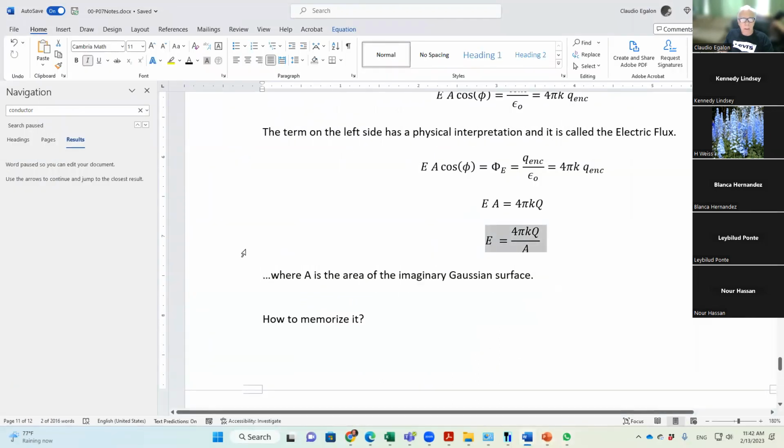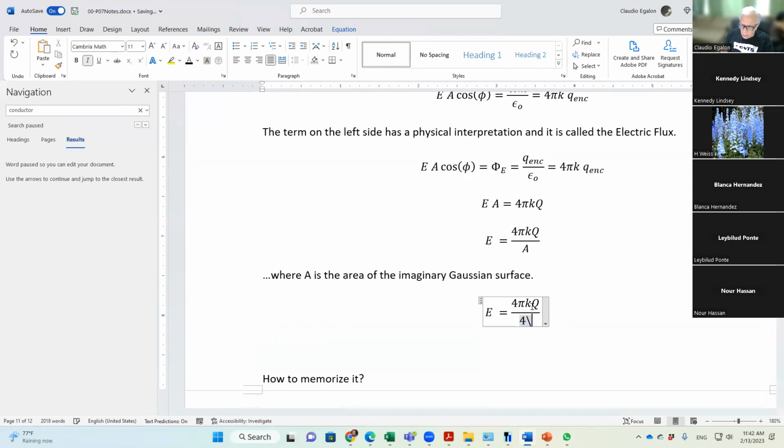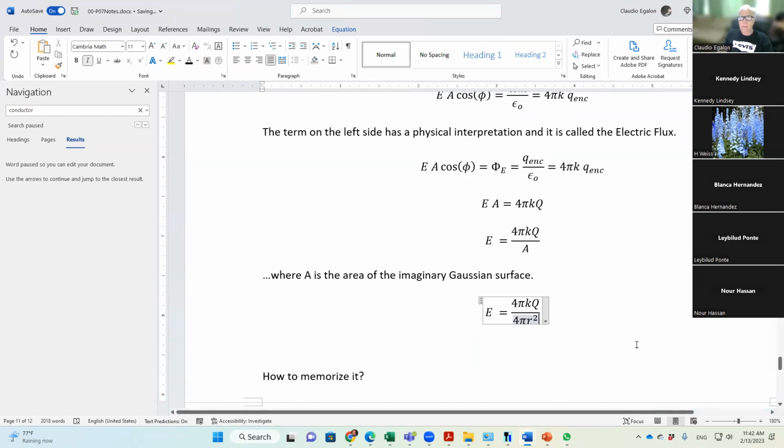What would be the area of this sphere? The area of the sphere would be 4 pi r squared.